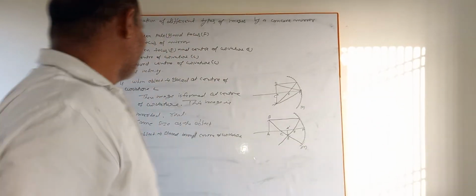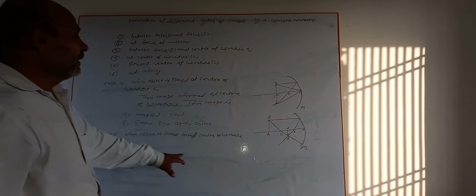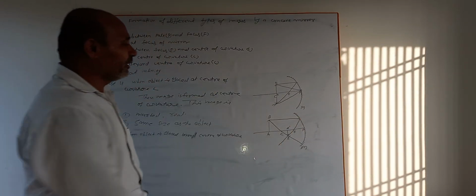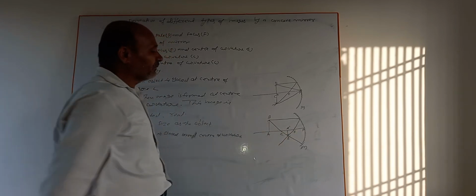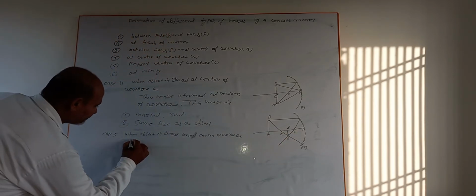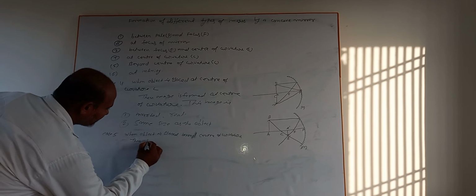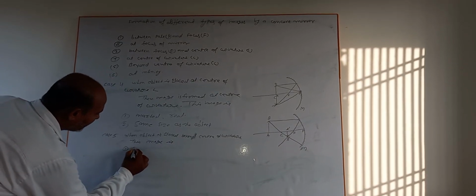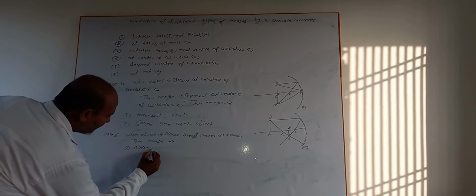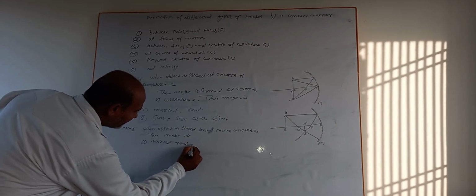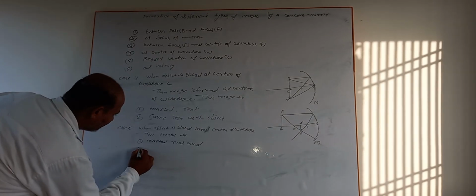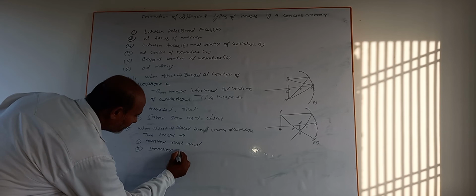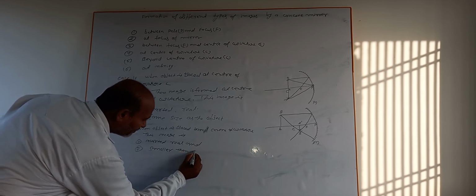So we can say that when an object is placed beyond center of curvature of a concave mirror, then the image will form between focus and center of curvature. This image is first inverted, real, and second smaller than the object.